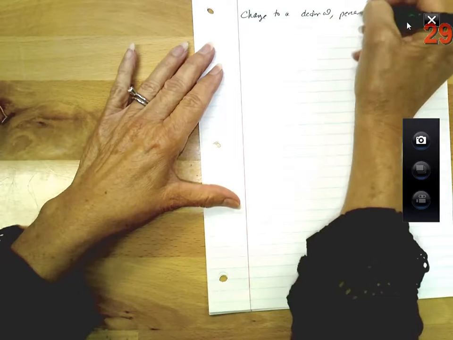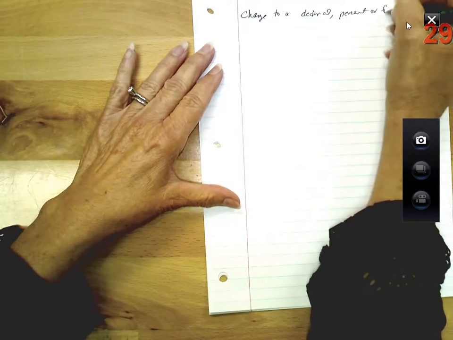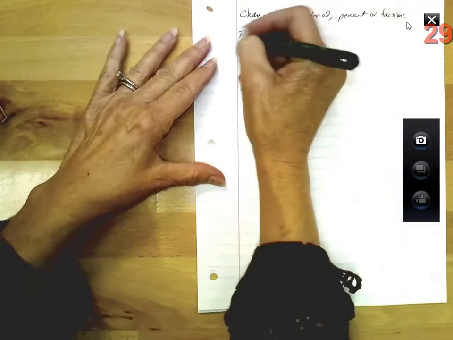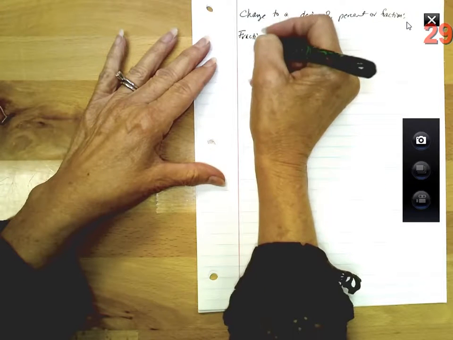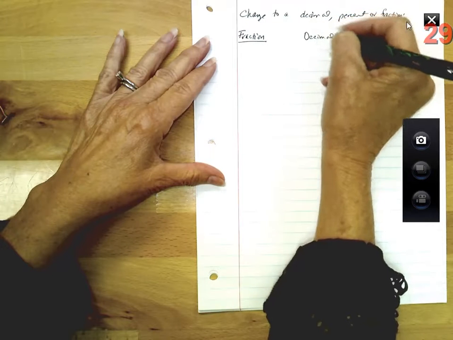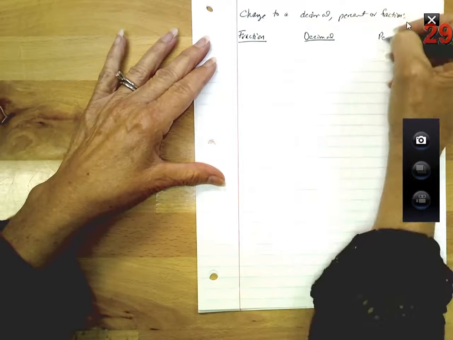And that's the next thing that we do, is change to a decimal, percent, or fraction. Alright, so I'm going to put fraction over here, decimal in the middle, and percent over here.